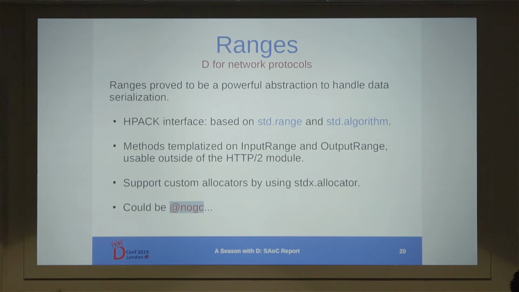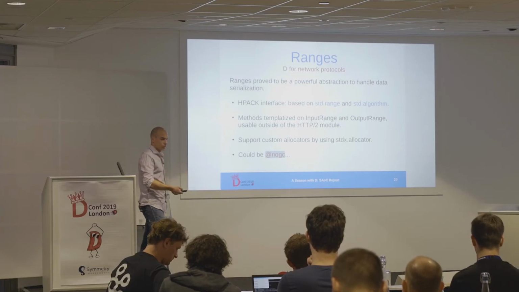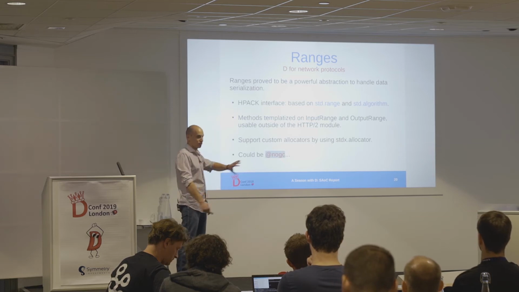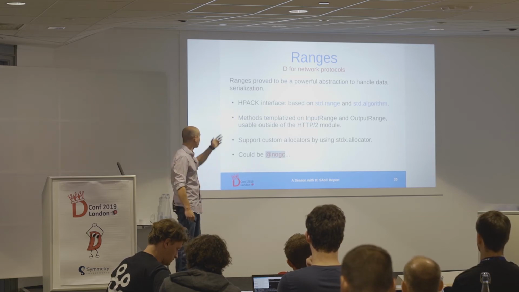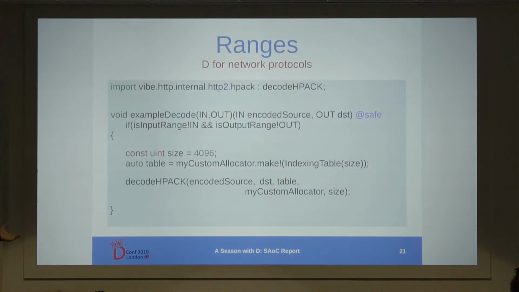We have everything templatized on input ranges and output ranges, so you can use this module as a standalone module outside of the Vibe HTTP module if you need an HPACK implementation for your own web server. And this is quite easy, as can be seen here, because you just need to provide an encoded source and a destination, which in our case are a ubyte stream, a ubyte range, and the structure which describes the HTTP frame header.